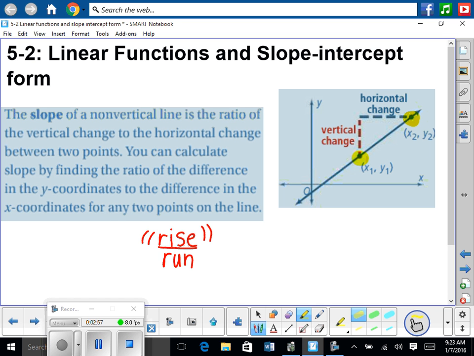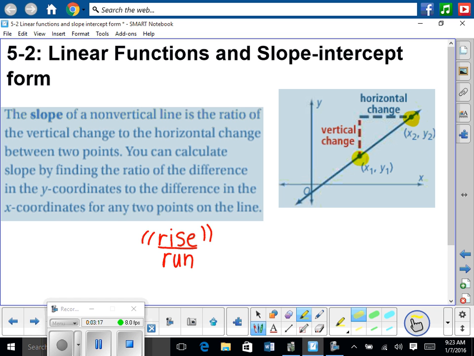So you can calculate the slope by finding the ratio of the difference of the y-coordinates to the difference of the x-coordinates. That's where the formula comes from: y2 minus y1 over x2 minus x1. Now, you know the saying as rise over run?